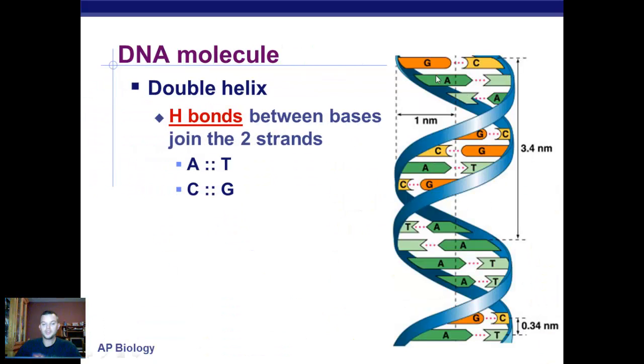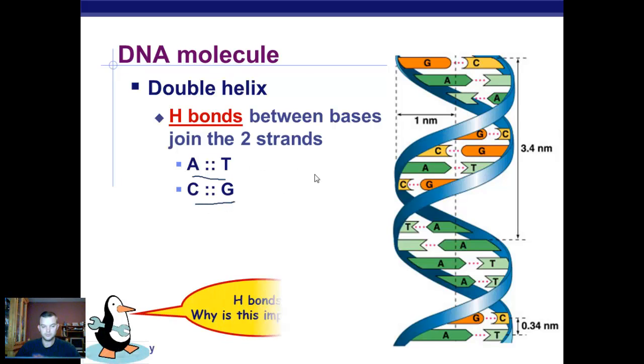Alright, so when we look at the DNA molecule, it's twisted into a double helix. You can see in terms of relative size, it is extremely small, 1 nanometer. And you're always going to see the A going with T, C going with G. And it's hydrogen bonds that are going to help hold those bases together. Why is that important?